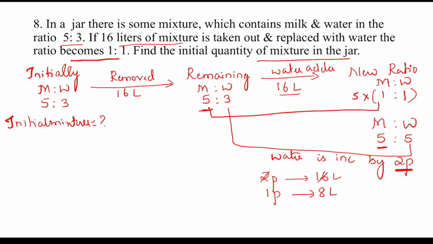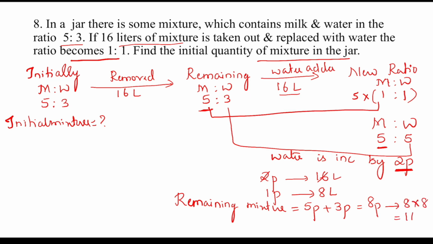The remaining mixture was 5 parts milk and 3 parts water, so totally 8 parts. So if 1 part is 8 liters, 8 parts will be 8 into 8, which is equal to 64 liters.